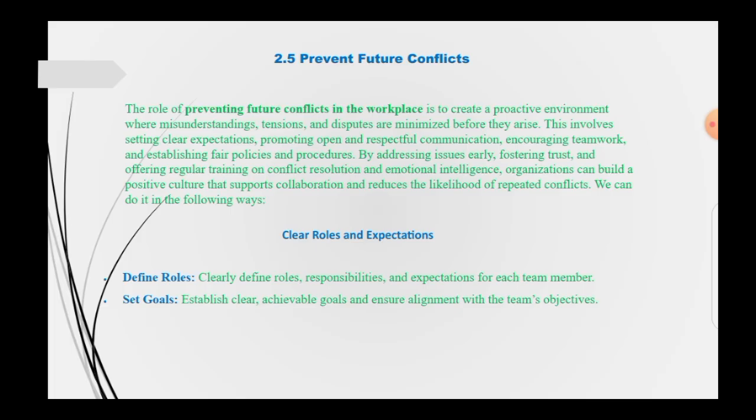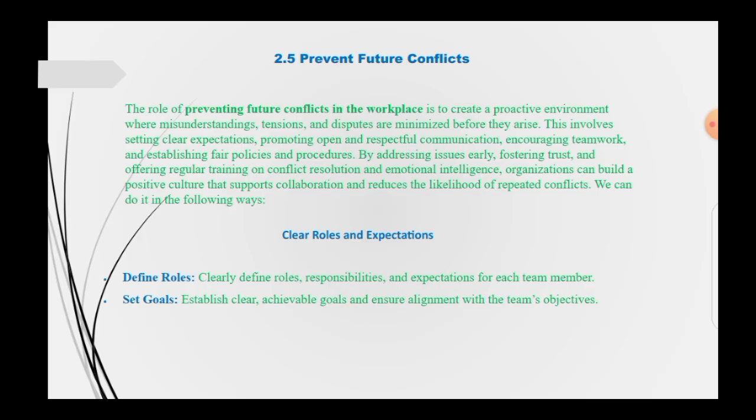By addressing issues early, fostering trust, and offering regular training on conflict resolution and emotional intelligence, organizations can build a positive culture that supports collaboration and reduces the likelihood of repeated conflicts. We can do it in the following ways.